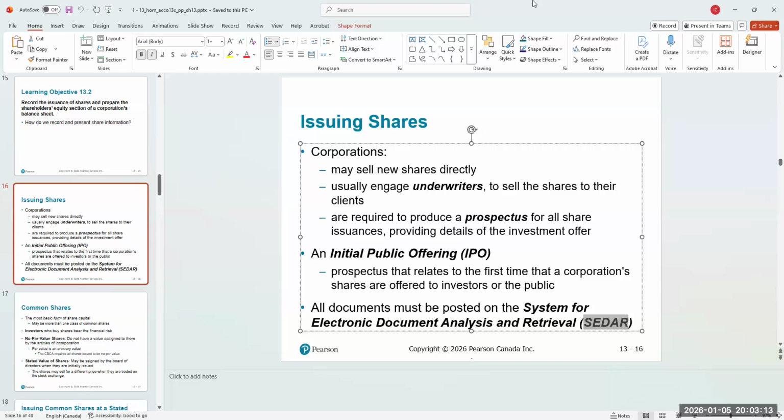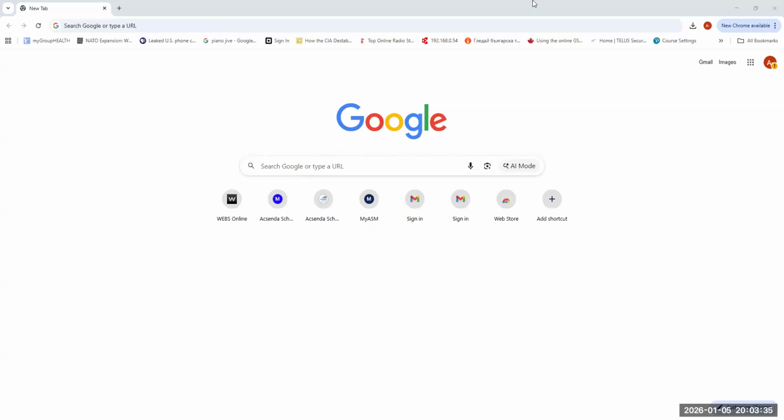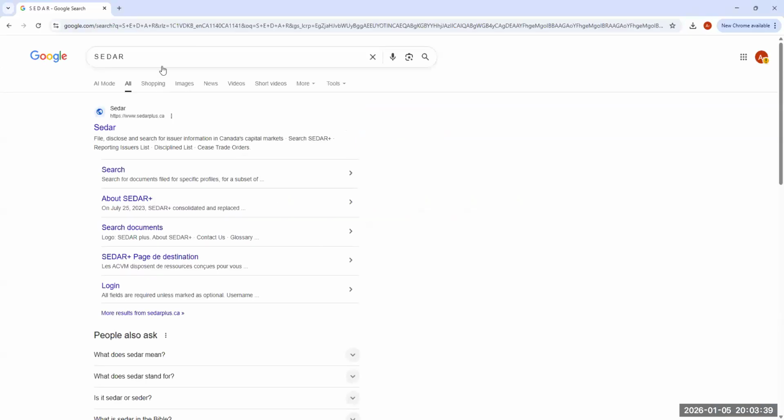So what you have to do is, I'm going to open any search engine. Let's stay with Google. I'm going to share my screen so you can see my screen. I'm going to paste that SEDAR, and you're going to see the search results.